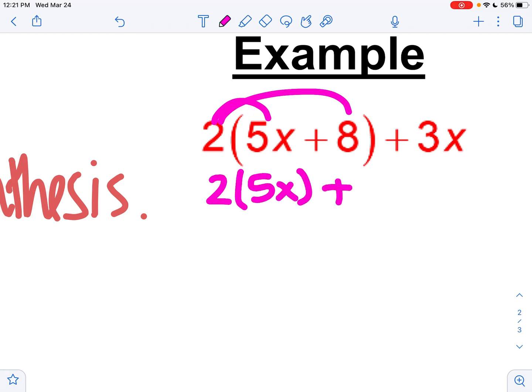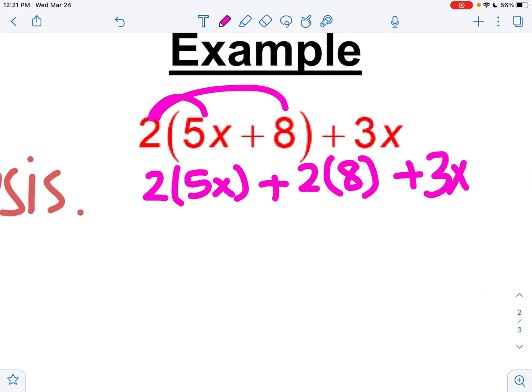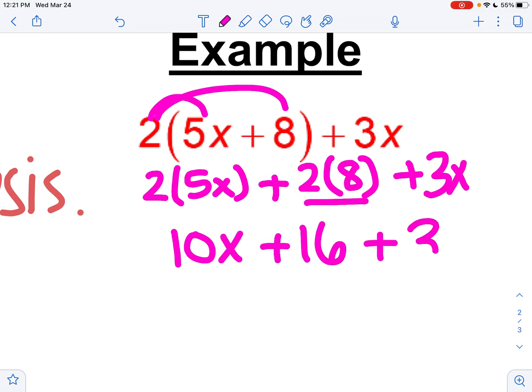So we take 2 times 5x plus 2 times 8, but then we still have that 3x on the end. Alright, so let's multiply. 2 times 5 is 10x, plus 2 times 8 is 16, plus 3x.